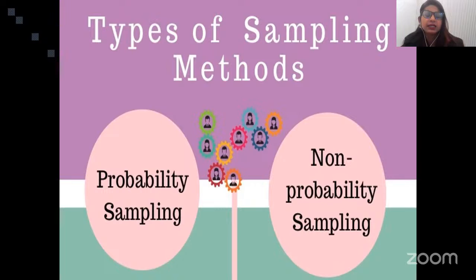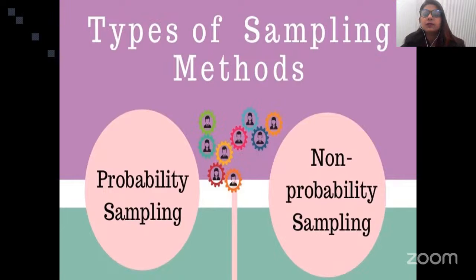The second is when you are giving equal chance to each and every element of your population to come under your study, that means you are using probability sampling.